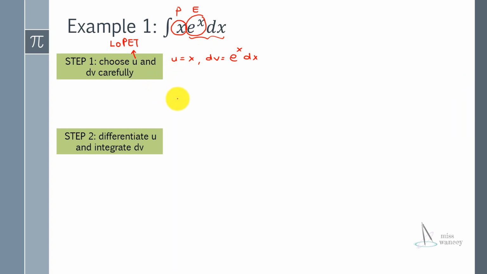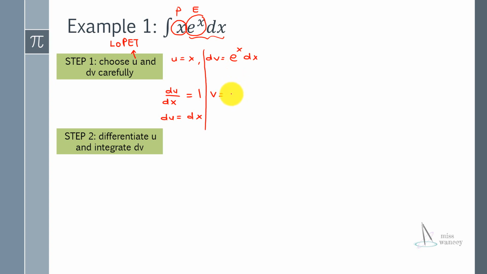Second step, we differentiate the u and integrate dv. So u is equal to x, so du over dx is 1, which means du is equal to dx. For dv equal to e^x dx, to get v I have to integrate the exponential.